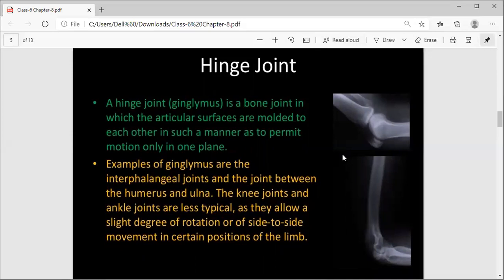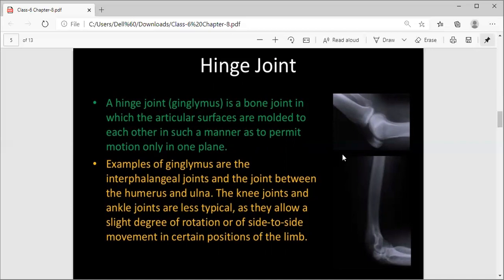Children, I want to relate the hinge joint with the door also. When we open and close the door, in which direction does it show movement? The movement is shown forward and backward. When you push it or pull it, the movement is only shown in one direction.